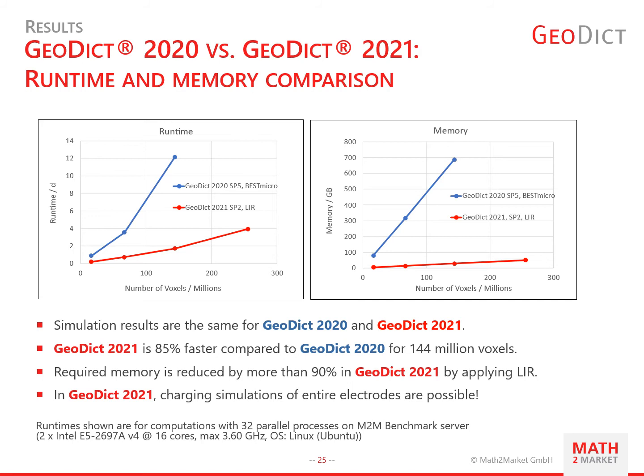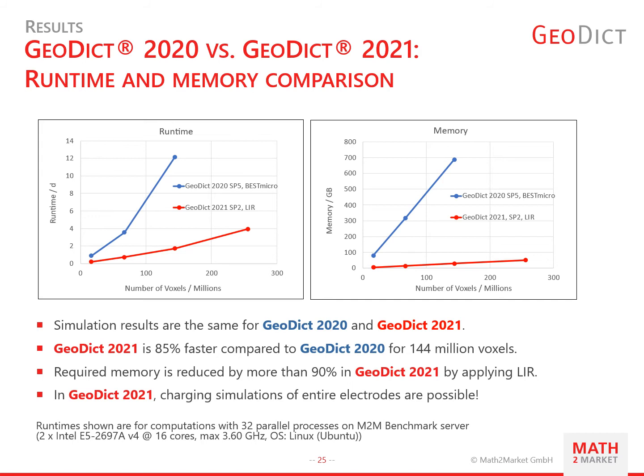The most important outcome, the results remained the same. But also, the simulation in GeoDict 2021 was 85% faster for the second largest structure. But maybe even more important is the required memory is reduced by over 90% by applying the Lear solver in GeoDict 2021.